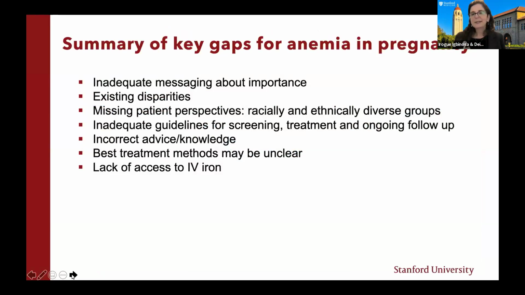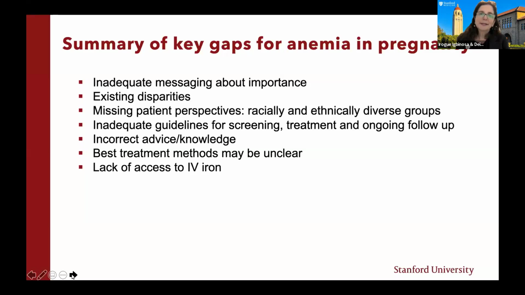So just to summarize some of the key gaps that I've covered, we have a lot of issues around inadequate messaging of the importance of anemia in pregnancy. This is something that is felt by patients, but I think that we can see among providers as well, when up to 50% sometimes are not even treating anemia when they've identified it.